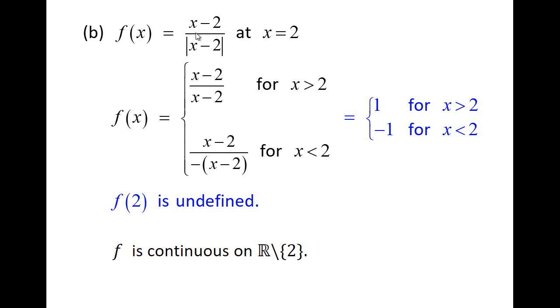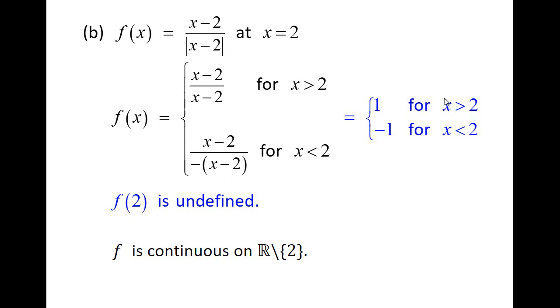So you might say, why would the function be continuous everywhere else except 2? Well, because if you take the limit of the function at any other value of x, the limit would be found by simply plugging in x, and so that's the same as the value of the function.